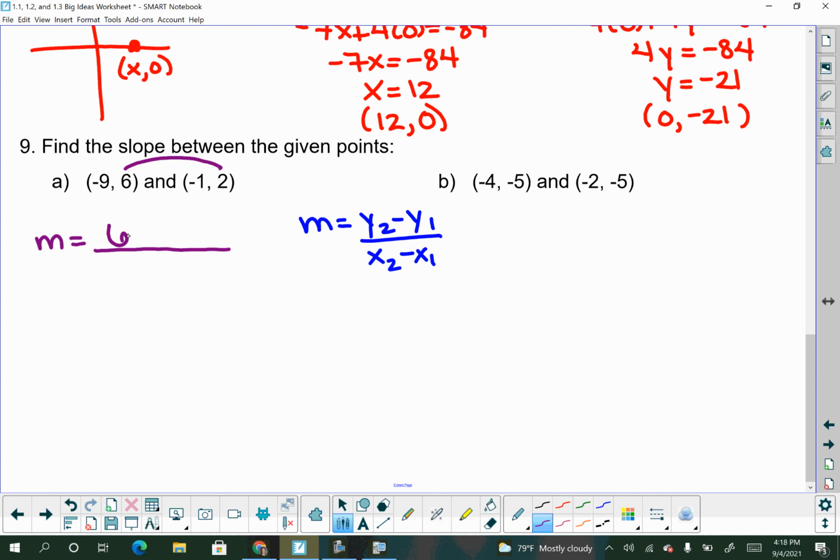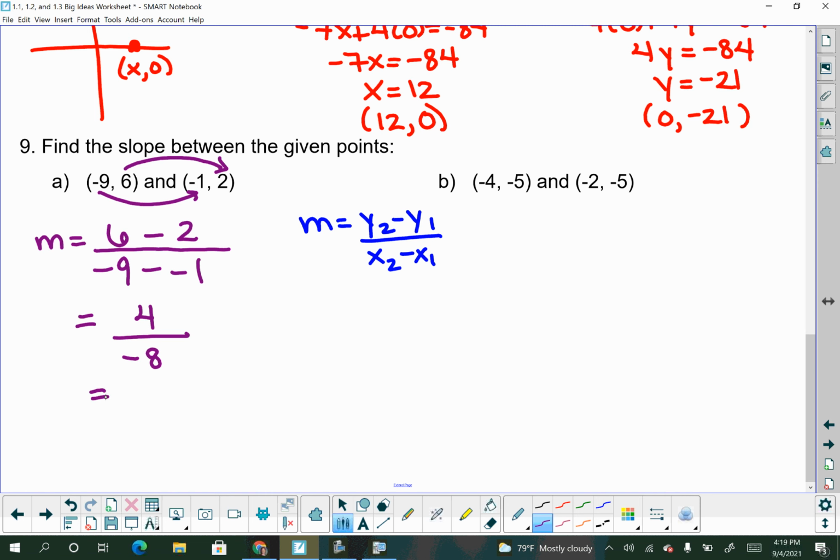I'll do 6 minus 2. And then x is on the bottom. Now if I started with that point, I also need to start with that point in the denominator to keep that consistent. So -9 minus negative 1. 6 minus 2 gives me 4. Negative 9 minus negative 1, which is negative 9 plus 1, negative 8.